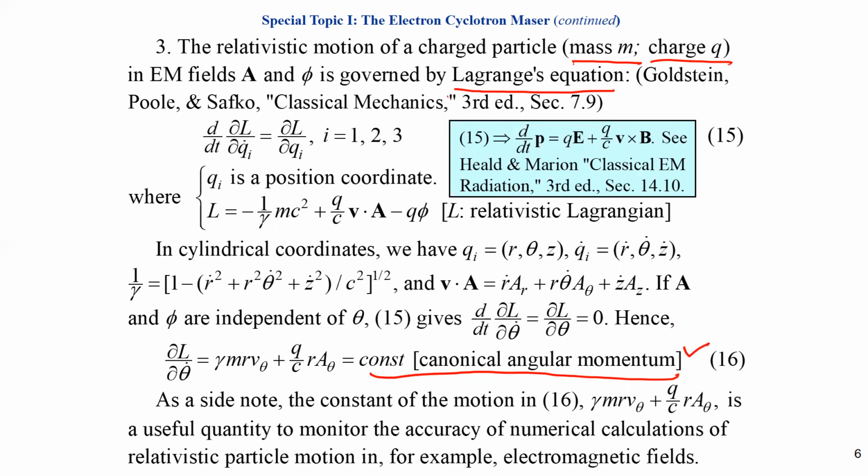As a side note, this is angular momentum, and we add these extra terms. So we call this canonical angular momentum. As a side note, the constant of motion in 16 is a useful quantity to monitor the accuracy of numerical calculation of the relativistic particle in motion.